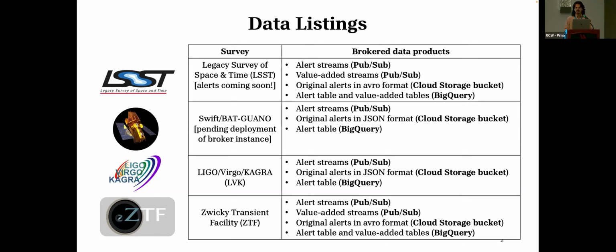And so the Pitt-Google Alert Broker started off by ingesting, processing, and serving broker data products from ZTF. But over the past year, I've worked very diligently alongside our team members to include broker data products from the LIGO-Virgo-KAGRA collaboration, Swift, and of course, the Legacy Survey of Space and Time.